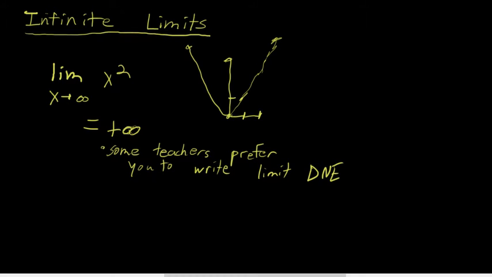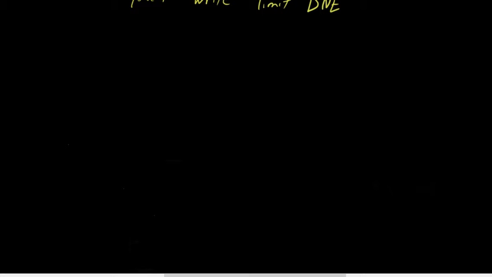Okay, we'll take a look at one more example here. It's going to involve two constituent examples. So it's the limit of 1 over x.